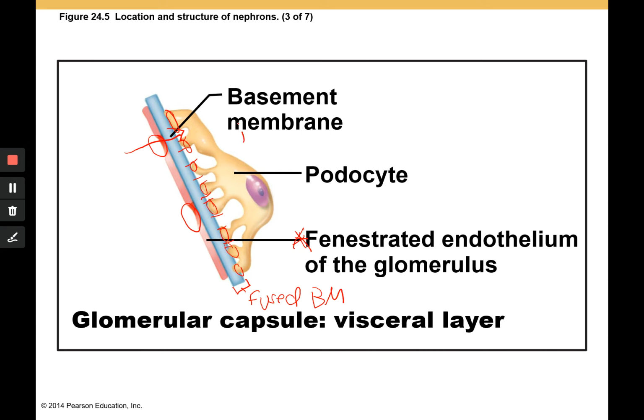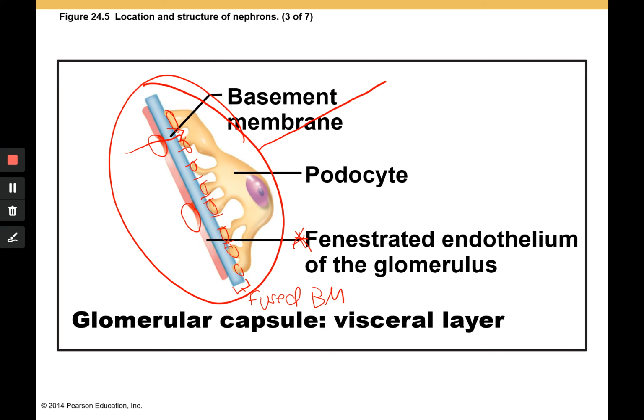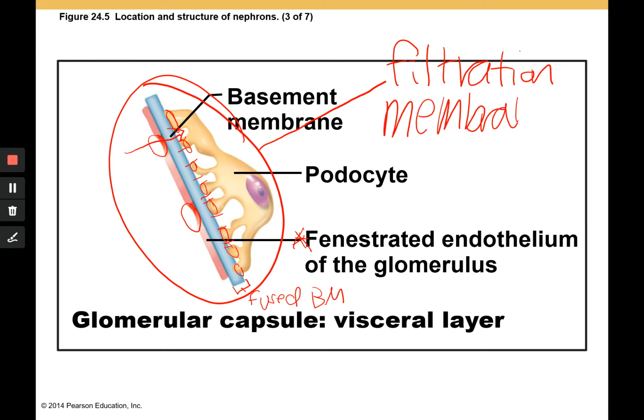So what we're seeing here is a filtration membrane. We're seeing an array of cell types arranged in a certain order, and that order, that structural arrangement, will allow stuff to enter the glomerular capsule or Bowman's capsule as long as it fits.